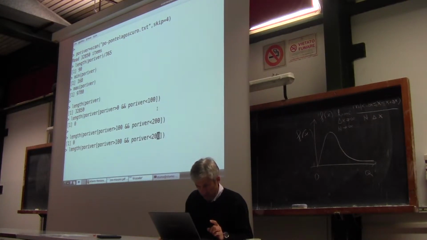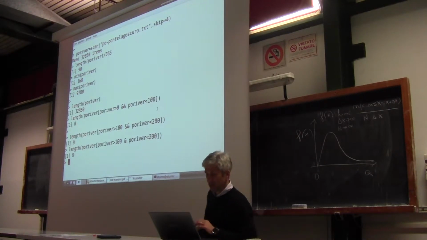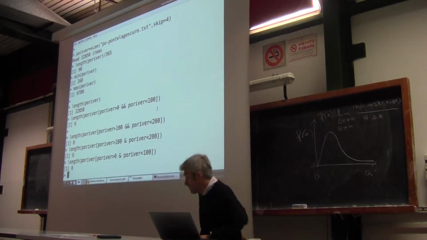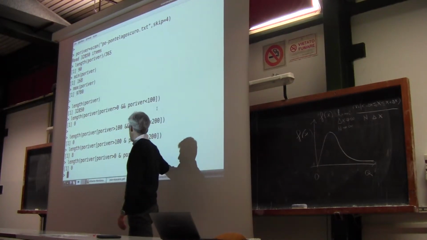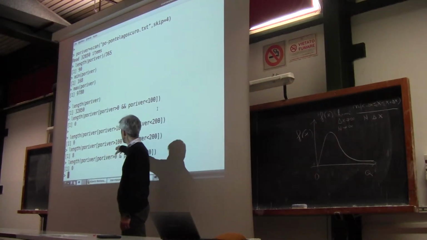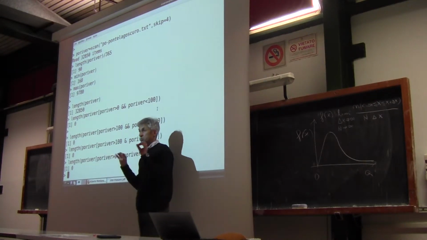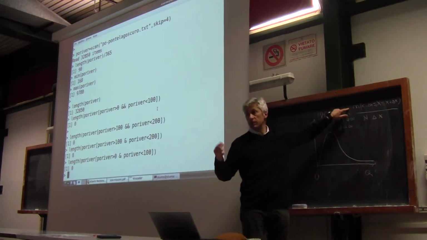Let me check. So you see this is correct. It's 0 between 0 and 100, it's 0 between 100 and 200, it's 8 after that, etc. This is the way in which we can compute the number n, which refers to a given interval.